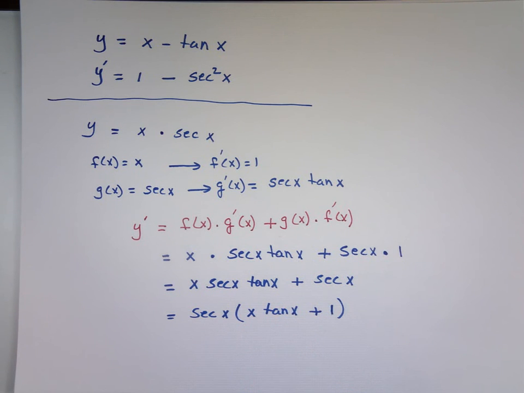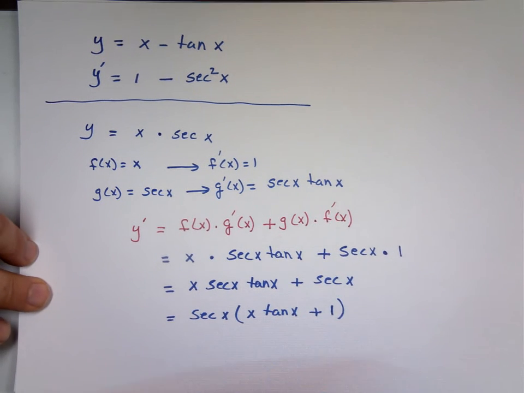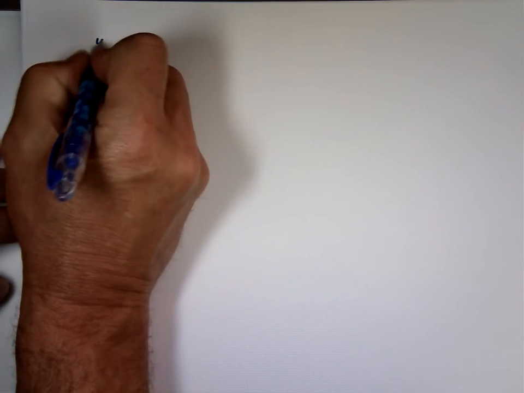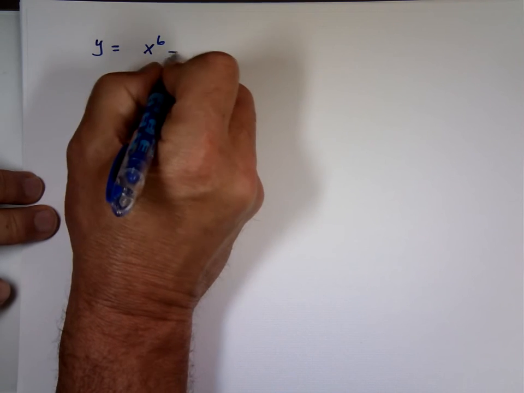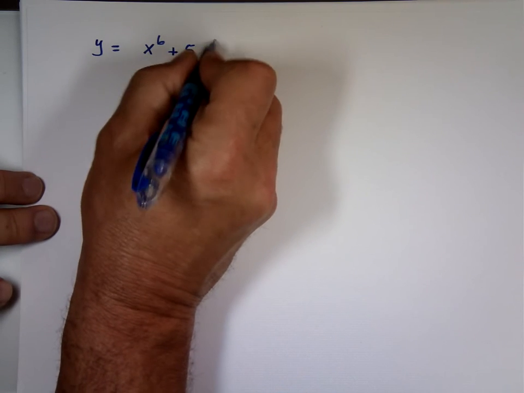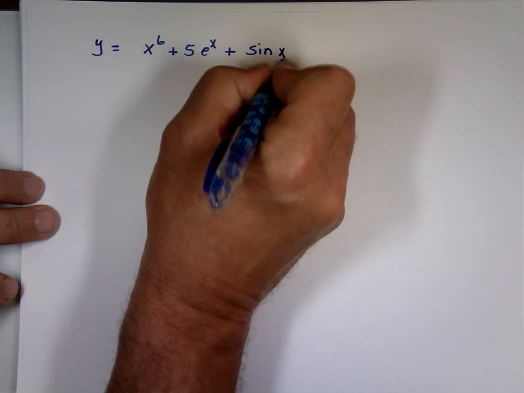Higher order derivatives. Let's say you have this problem. y equals x to the 6 plus 5e to the x plus sine of x. I say, what's the derivative?